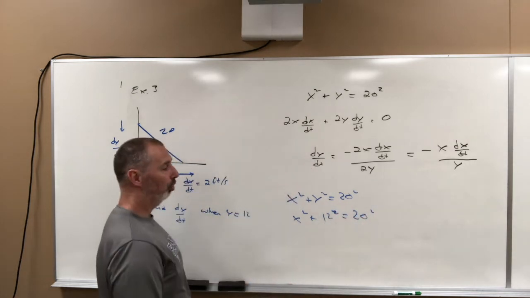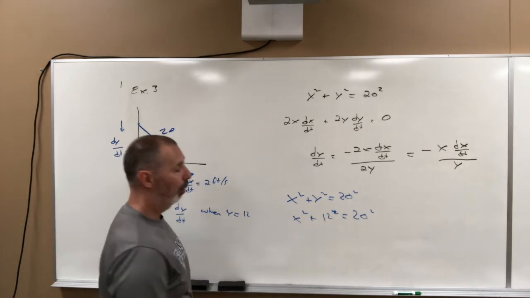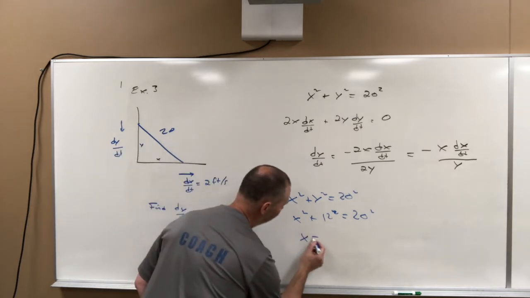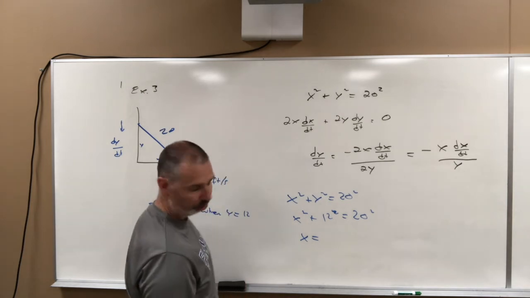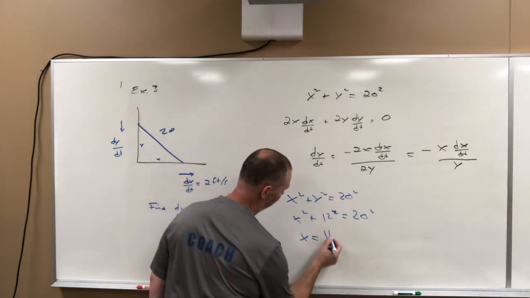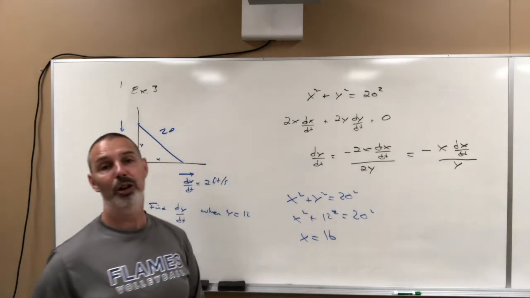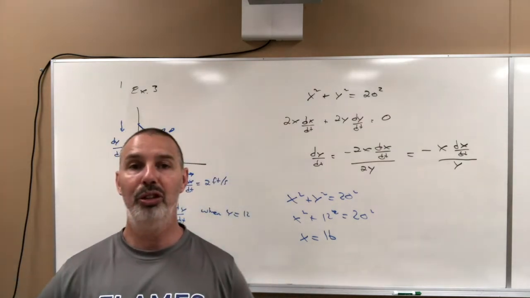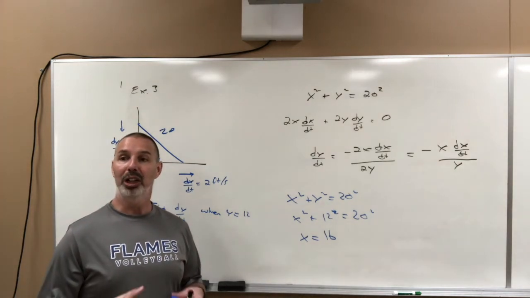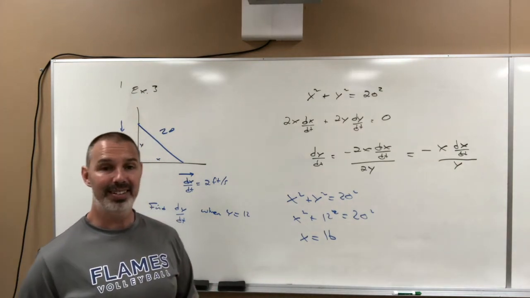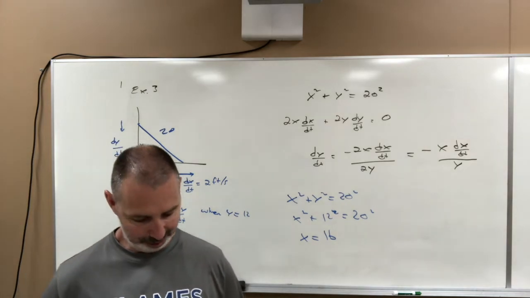Subtract 12 squared from both sides, take the square root of both sides. Now we're going to get x equals 16. When you take the square root of both sides, you're going to get positive or negative 16. But in this case, we know we want the positive because we're dealing with a physical distance. That will be positive 16.